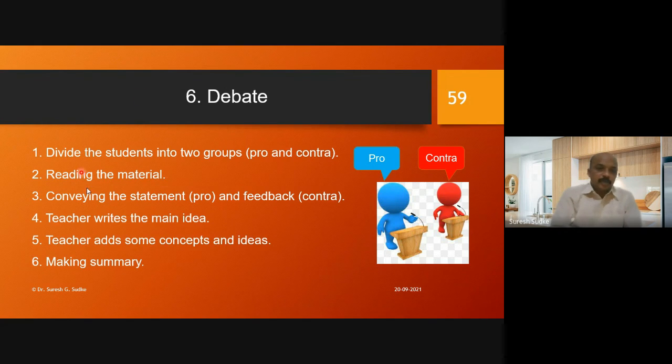Then we provide them reading time on that material and they convey the pro and contra statements and feedback. The teacher writes the main idea and adds some concepts or ideas, and after the discussion, the output of that debate is summarized.